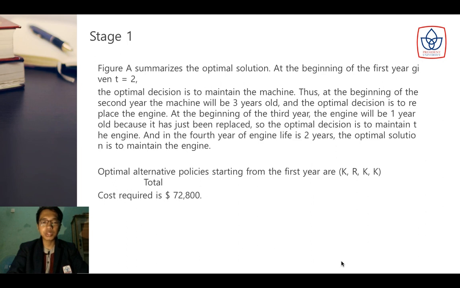The optimal solution is to maintain the engine. The optimal alternative policy starting from the first year has a total cost required of $70,800.